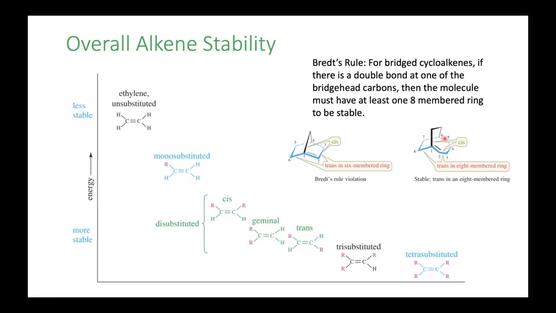You can see that this blue ring is numbered 1 through 8, so this is an 8-membered ring, and it's actually kind of stable. Usually they won't give you an 8-membered ring and ask you to compare it, because I don't think they've gone over that. But they will give you Bredt's rule violations, where these will just be very unstable.